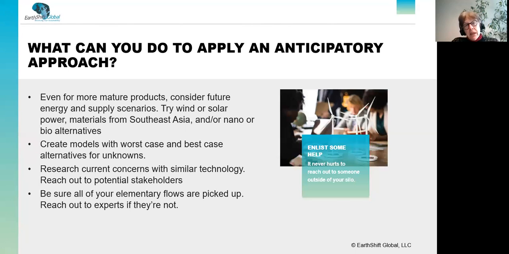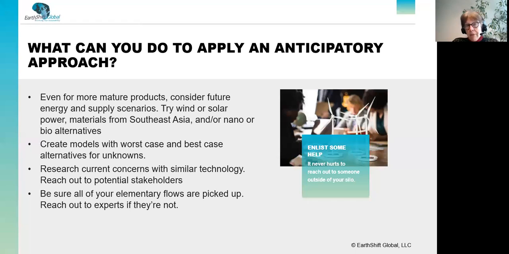So look at the best case and worst case. If I think about the 3D printing example, we don't know maybe when we're building this machine what resins it's going to work with. Well, let's look at the worst one and let's look at the best one. What does it look like with each of those? Does it even make sense to move forward with the worst one?